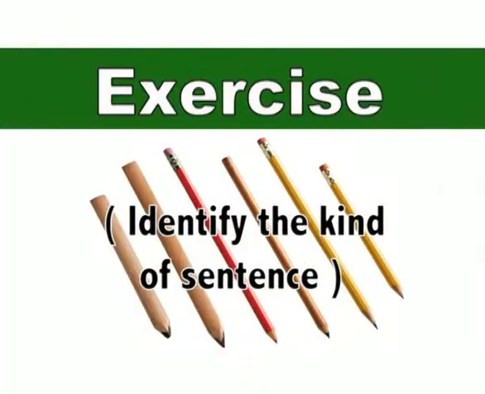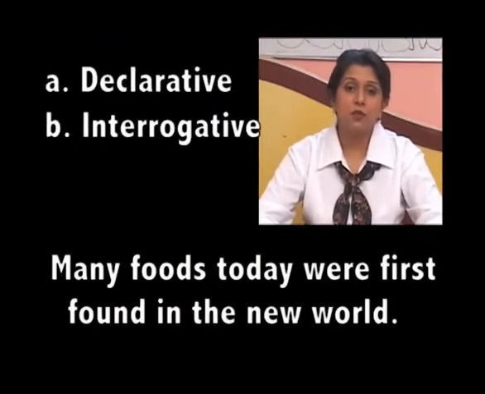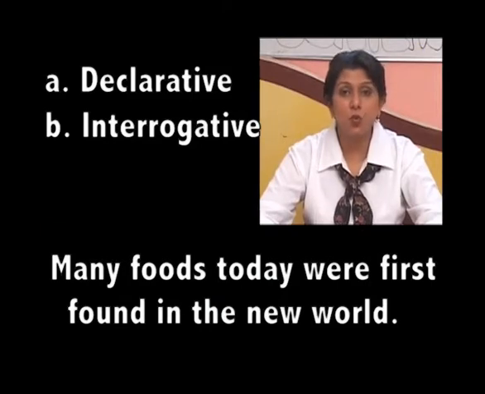Let's now do an exercise. I'm going to speak a few sentences and you have to identify the kind of sentence that it is. I'll give you two options and you have to choose the correct one. Sentence 1. Many foods today were first found in the New World.